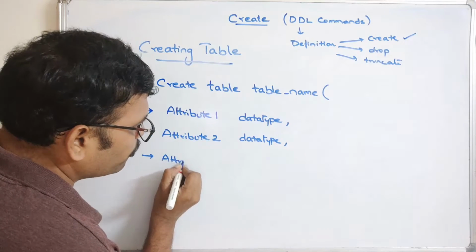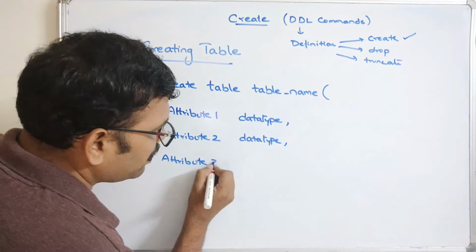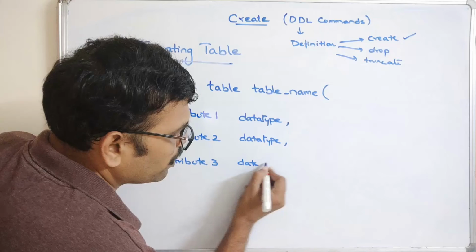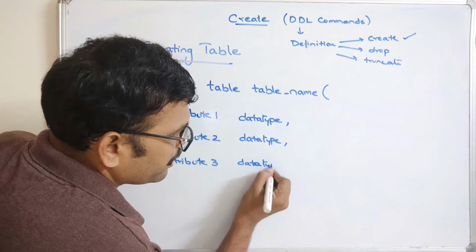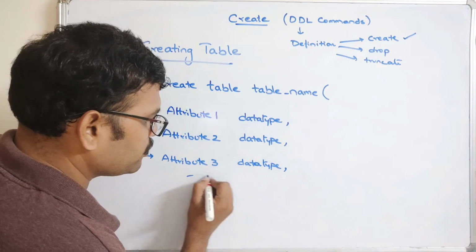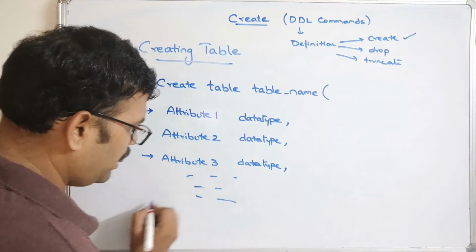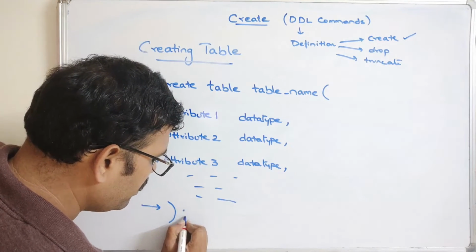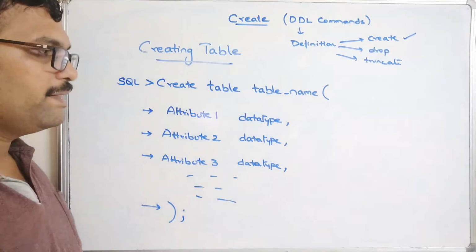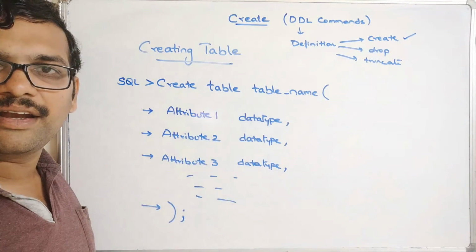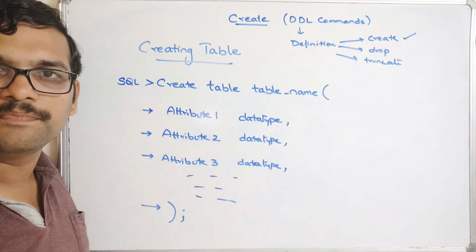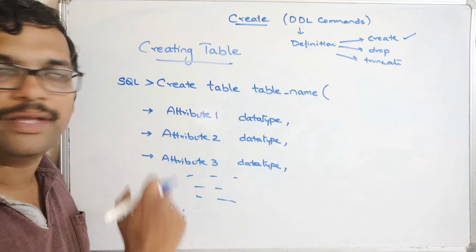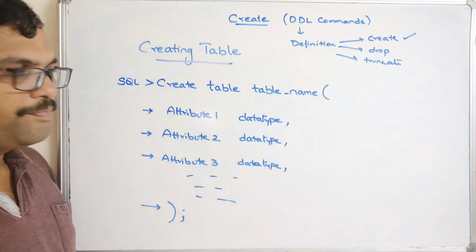It will keep on moving unless the user enters the semicolon. Finally, if you use a closing parenthesis and a semicolon, then the table will be created with the following attributes, right?